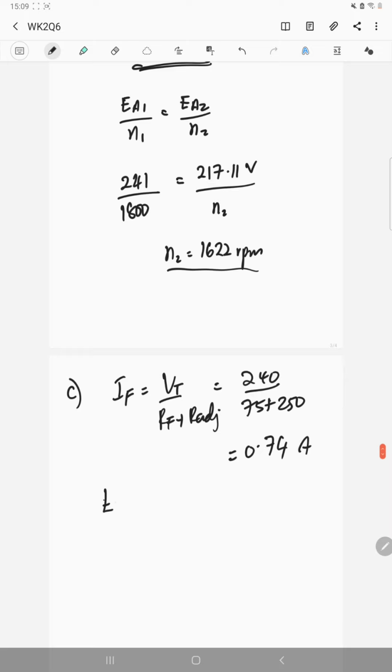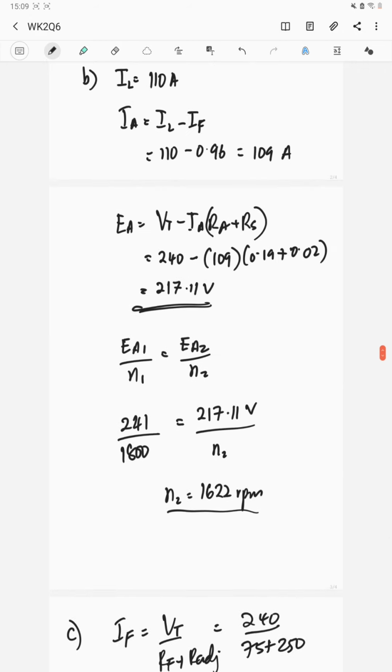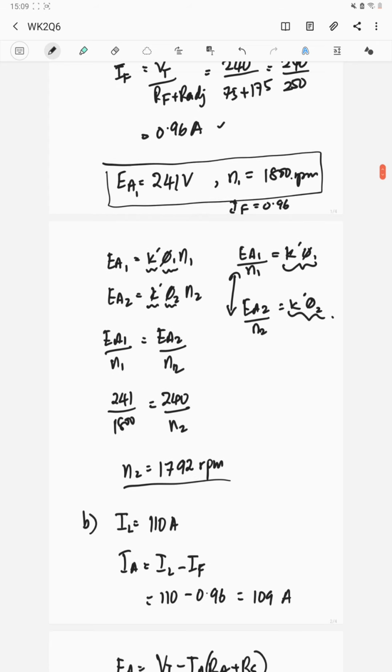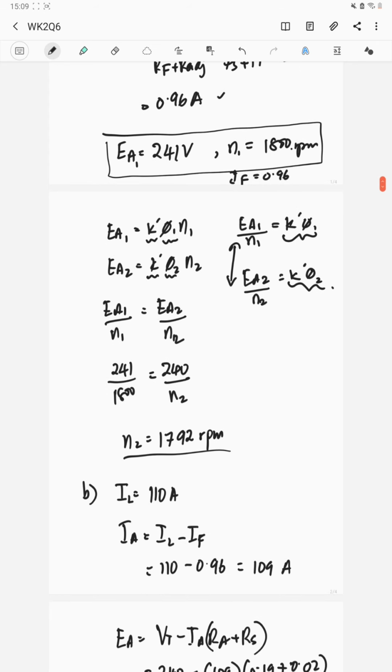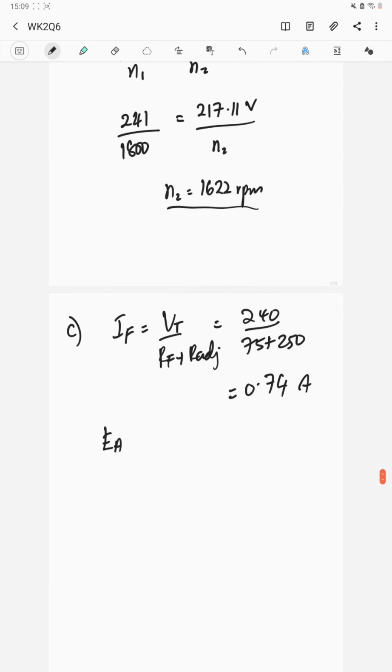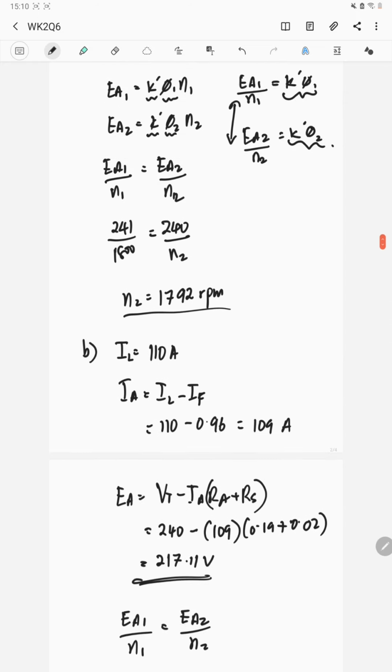So in this case, EA originally was checked at 0.96, so right now we cannot use that anymore. We can only check what happens at IF equal to 0.74.